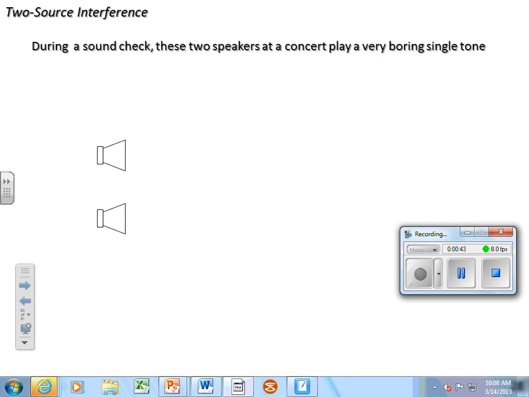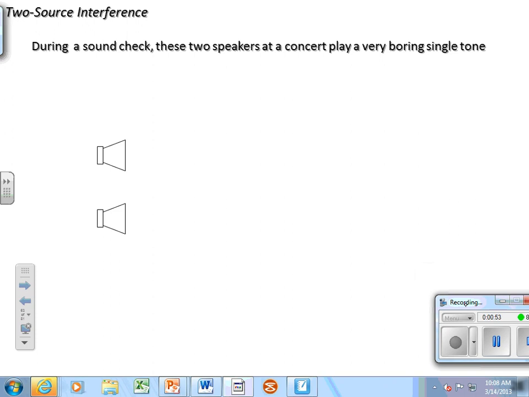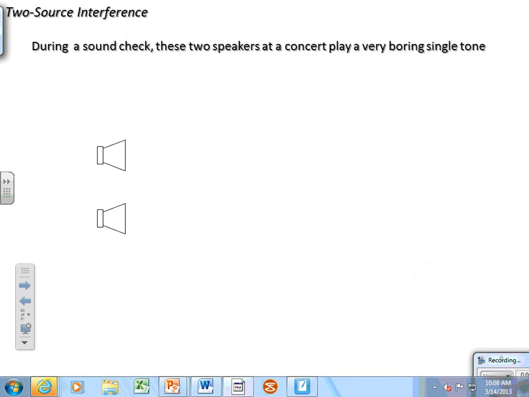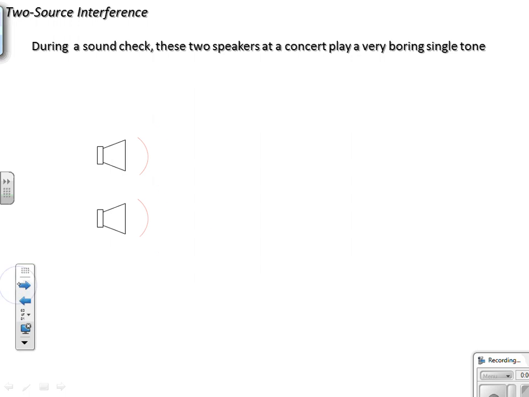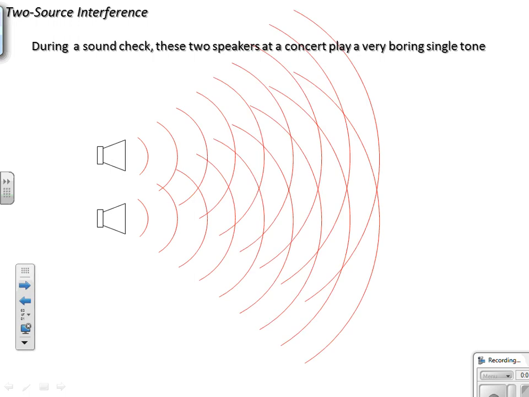But let's say we had two speakers like this, and they played a single frequency. What would happen is that the waves from each source, if we could see them, would look something like that. Those are wave fronts, right?